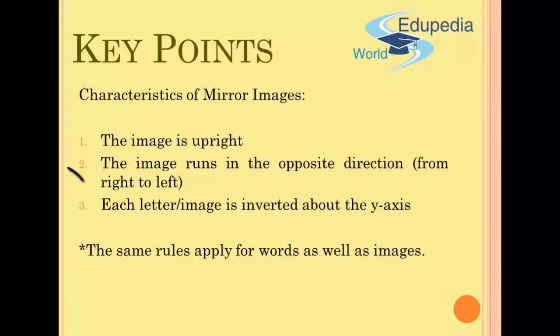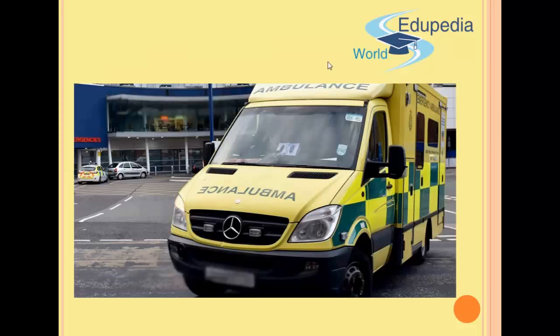The second characteristic is that the image runs in the opposite direction, that is from right to left. On top, when we write it normally, we write from left to right, AMBULANCE. But when you see it in the mirror, you will see it in the opposite direction, running from right to left. It's the same thing when you look at your reflection in the mirror.